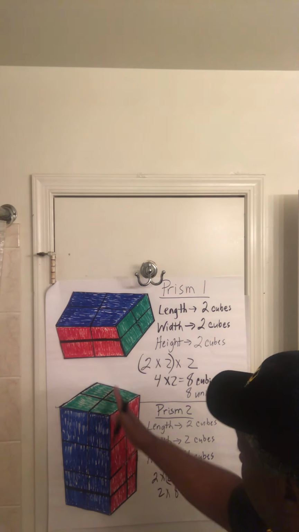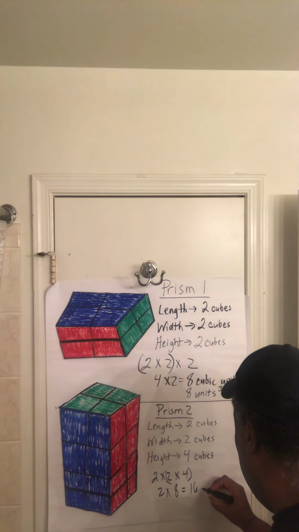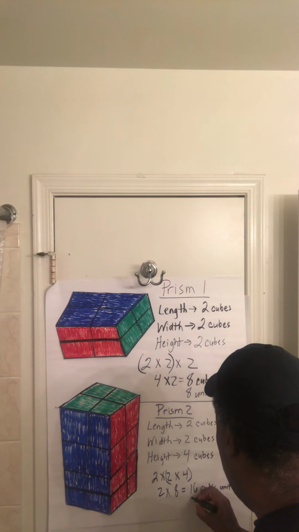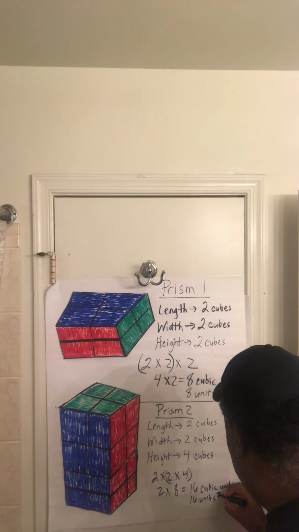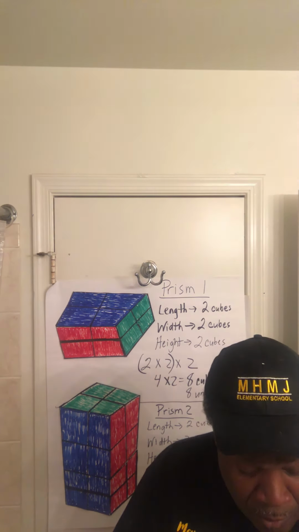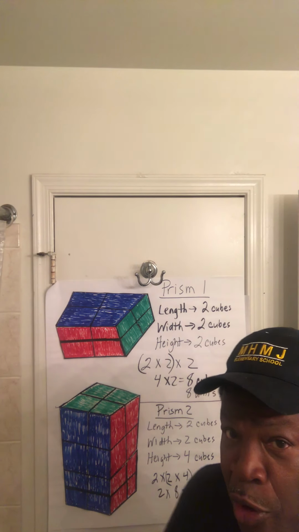So that means that this rectangular prism has a volume of 16 cubic units. Or we could write it 16 units cubed with an exponent of 3. Okay, so that's rectangular prism 2.